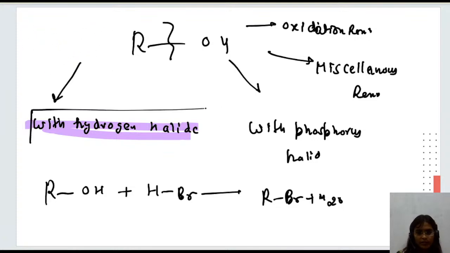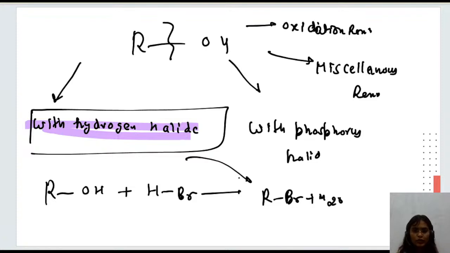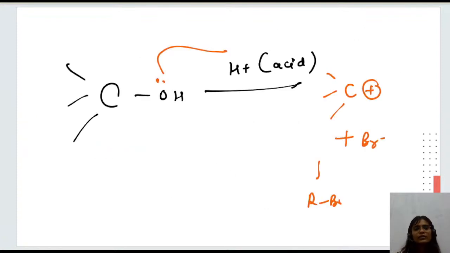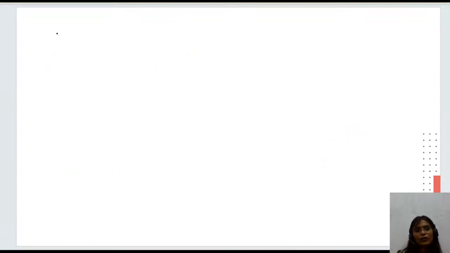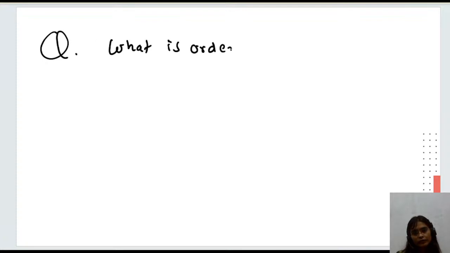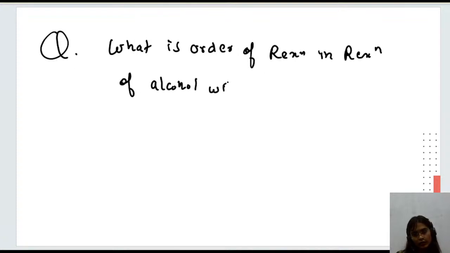Just consider that in this case we are getting hydrogen halide, first point. Now, what is the rate of reaction, whether you have tertiary alcohol, primary alcohol, or secondary alcohol? Let me read the question properly. The question is: what is the order of reactivity in the reaction of alcohol with HCl?